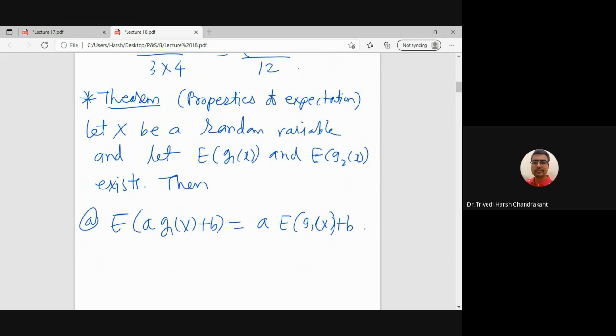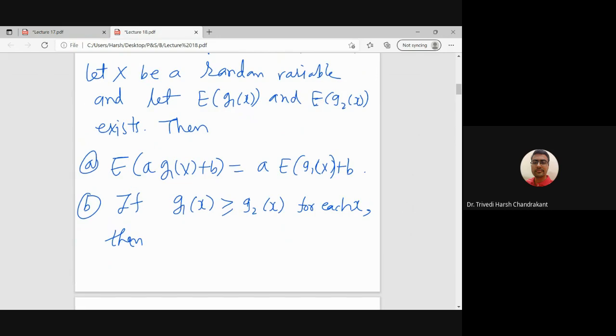It is a linear operator. The second thing we want to prove is that if one function dominates the other pointwise, then the expectation of g1 should also be greater than or equal to the expectation of g2, right? So that we want to show. Everything we will show is in terms of integration.